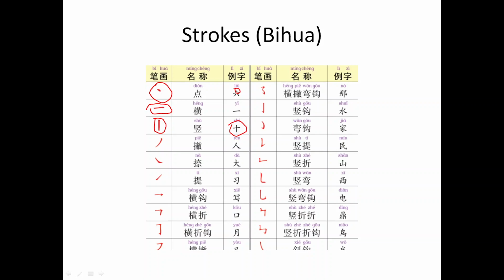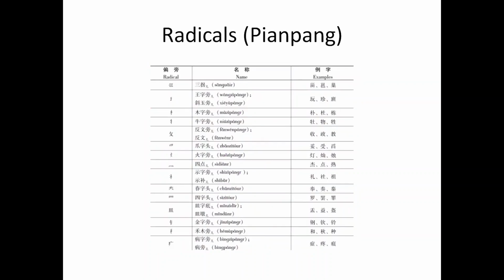Some strokes can form a radical or pianpang. One or more radicals or parts then form a character. Radicals usually have some meaning themselves. For example, here, this radical is actually a character itself.